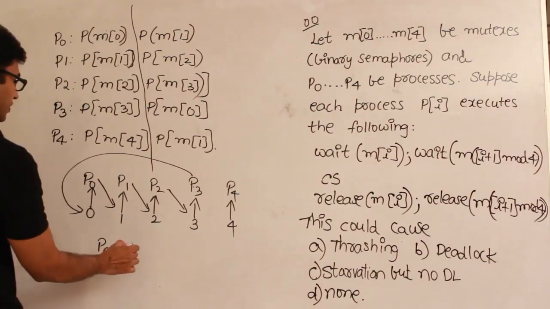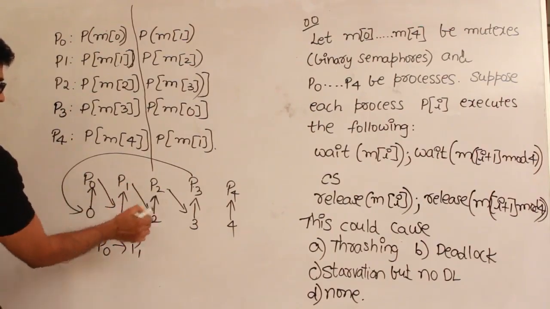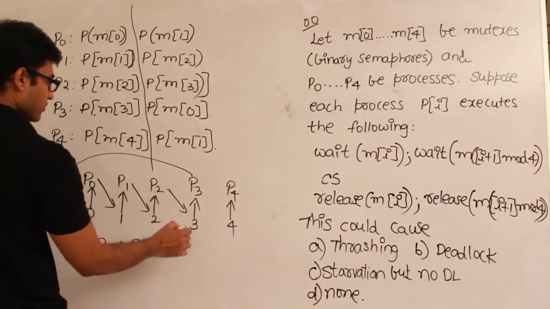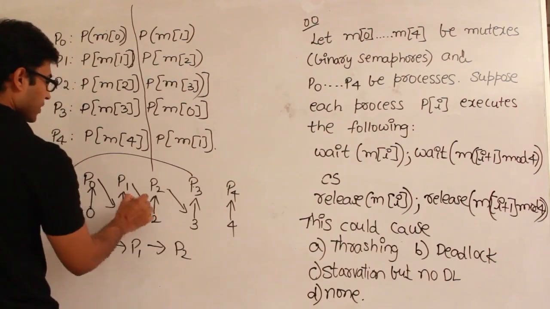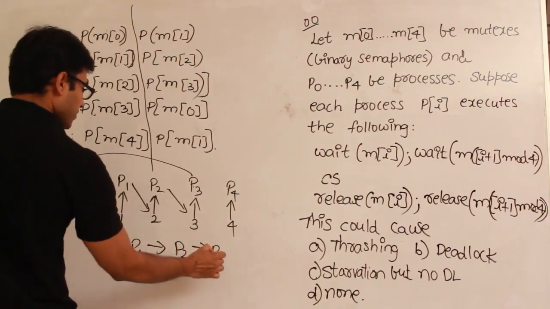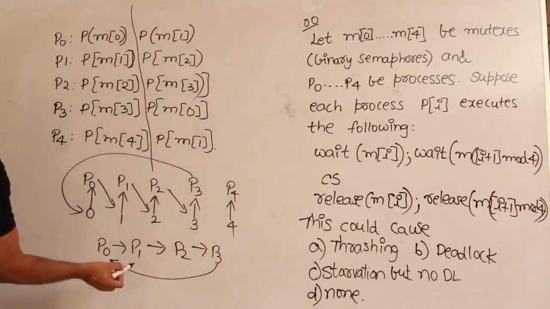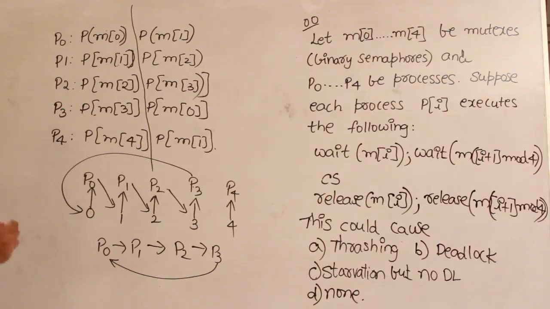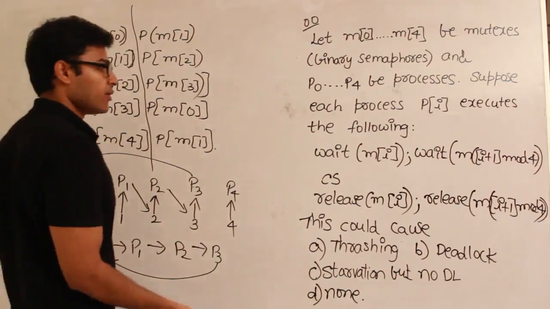P0 is waiting for P1, and P1 is waiting for P2, and P2 is waiting for P3, and P3 is again waiting for P0. Therefore definitely a deadlock is possible. So fine, deadlock is definitely possible, no doubt in that. So at least in this sequence deadlock is possible. So in the options, deadlock is possible.